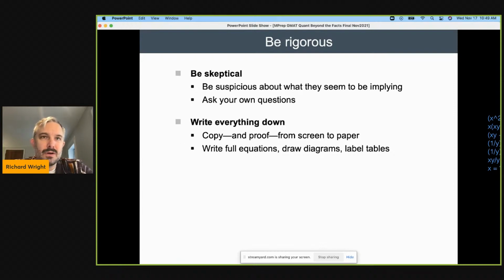One key point I want to note here is when you're writing things down, try as best you can to write actual math and not what I call math-ish, right? So a key example of math-ish is when you write things that aren't equations or inequalities that you can actually do algebra on, right?